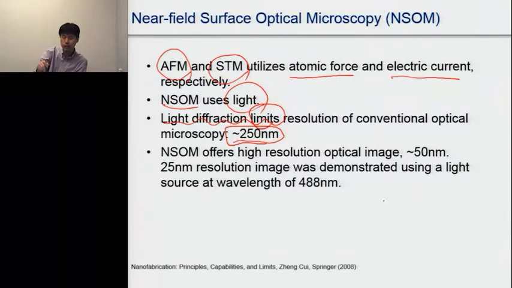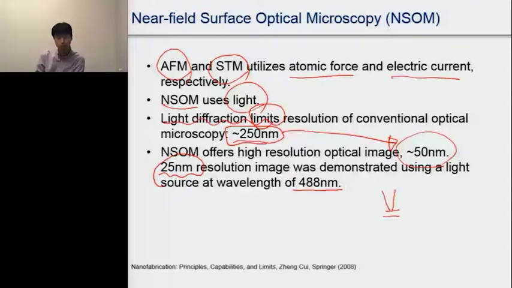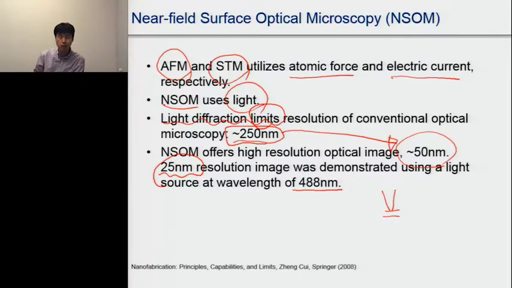But if we use a very small cantilever, very close to the surface, we can minimize this light diffraction issue. So we can technically reduce the resolution to 50 nanometers, and so far 25 nanometers has been demonstrated using a 488 nanometer laser source. So using NSOM, people can achieve much better resolution of the optical images.